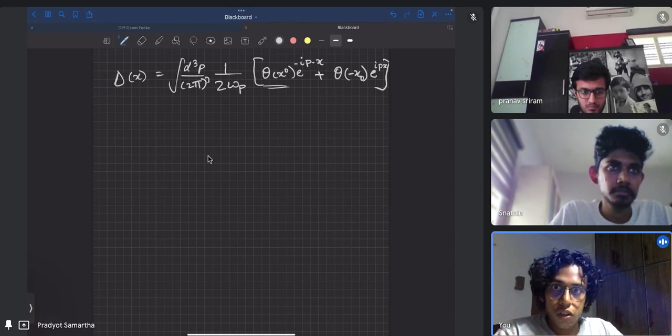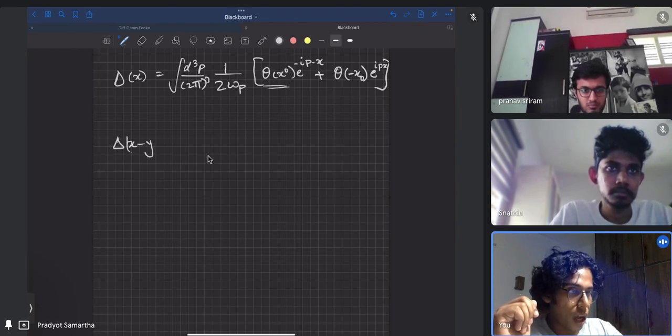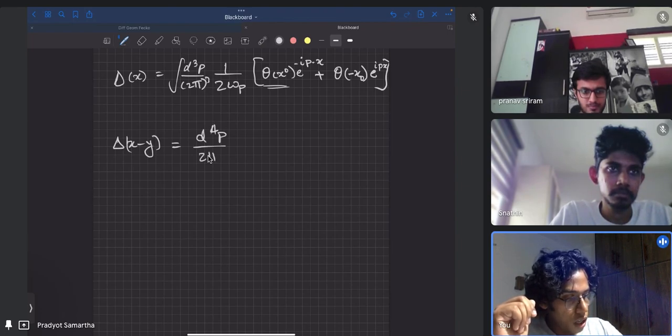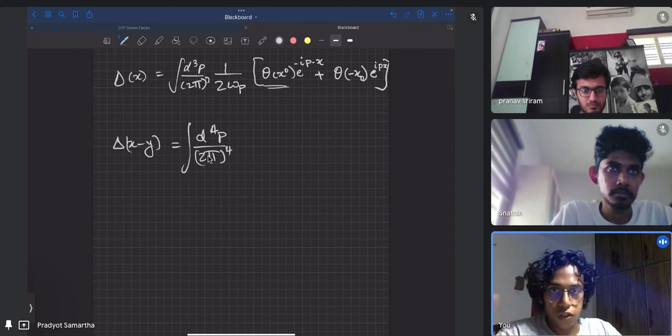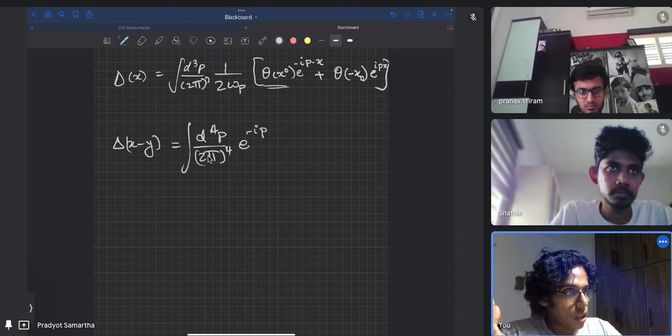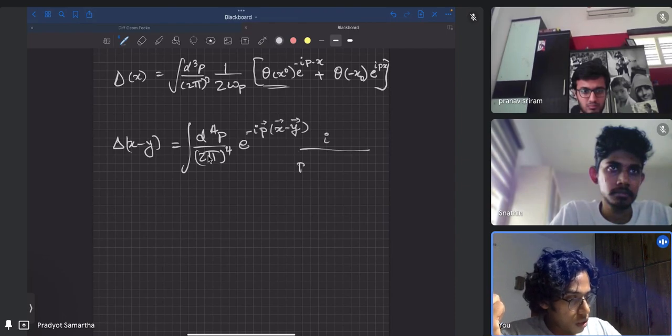Now in the energy momentum space, you have a space time. There you have delta of x minus y equal to the integral of d4p over 2 pi to the power 4. That's the four-dimensional Fourier transform, and then you have e to the power of minus i p of x minus y, where all these are vectors, and then you have i over p squared minus m squared plus i epsilon.